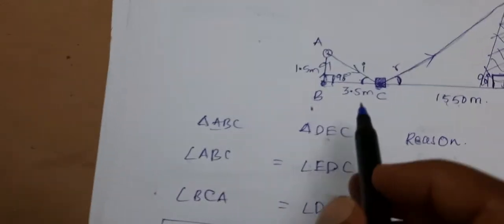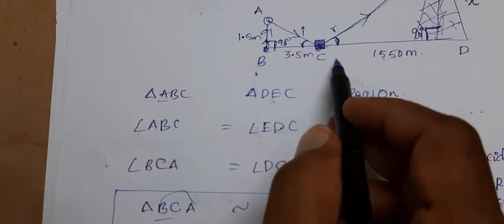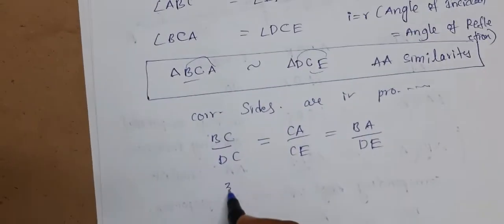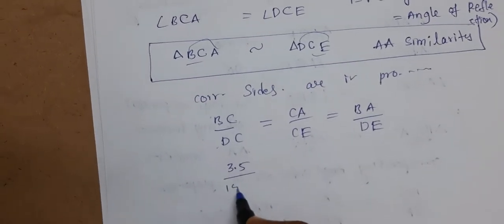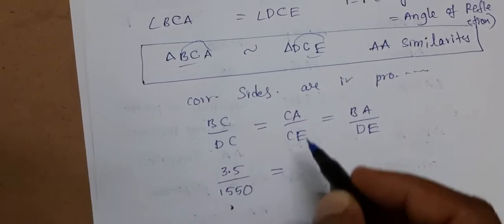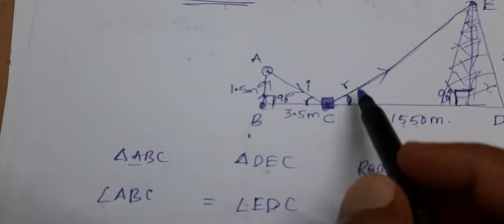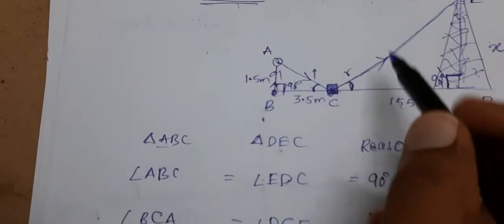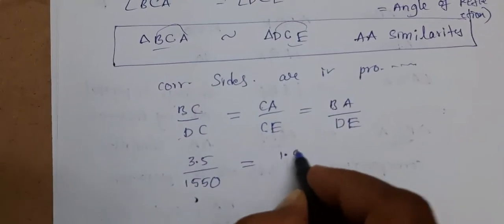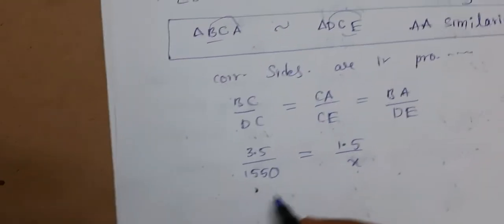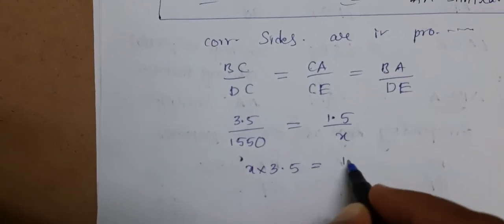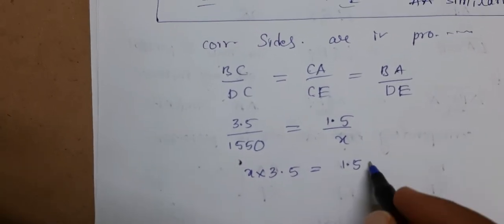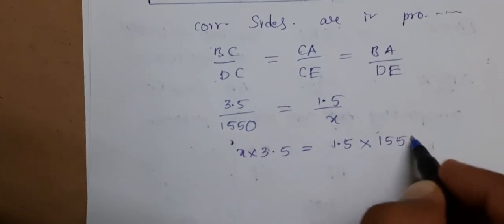BC by DC, so 3.5 by 1550 equals CA by CE. CA is not given, so take this to be 1.5 by x. 1.5 by x. x into 3.5 equals 1.5 into 1550.